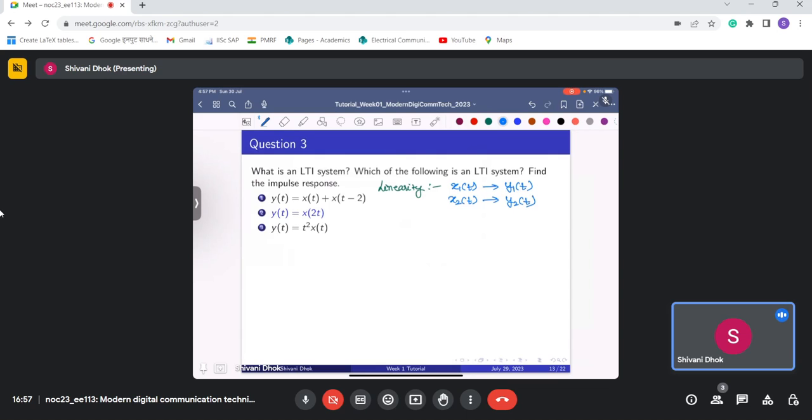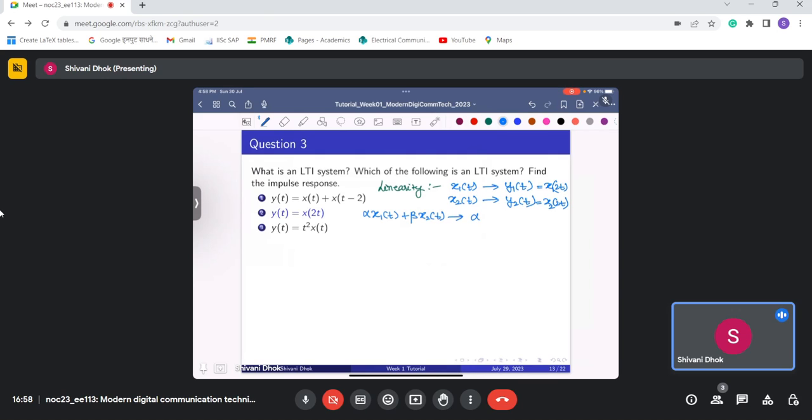Now if I have input alpha x1(t) plus beta x2(t), then the output will be x(2t), that is, I have to replace each t by 2t.